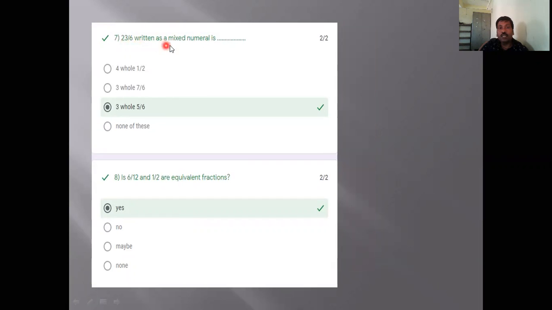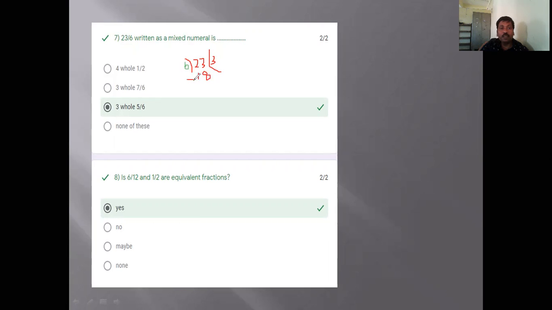23 by 6 written as a mixed numeral. What are mixed numerals? Mixed numerals are numbers which have a whole part and a fractional part. And how can we change an improper fraction to a mixed numeral? We divide the numerator by the denominator, where 6 is the denominator and 23 is the numerator. 6 times 3 is 18.